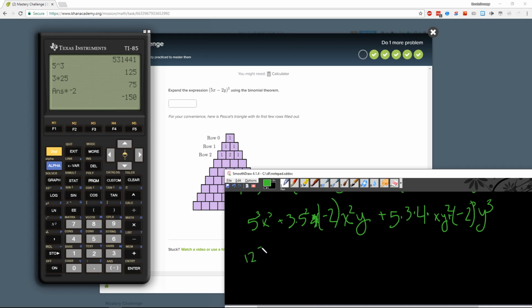So 125x to the third minus 150, plus 5 times 4 times 3, 60xy squared, plus minus 2 to the third is minus 8.